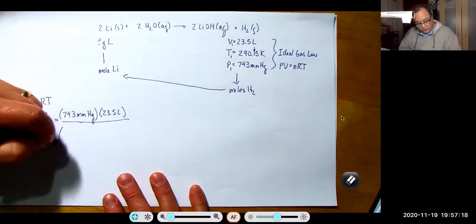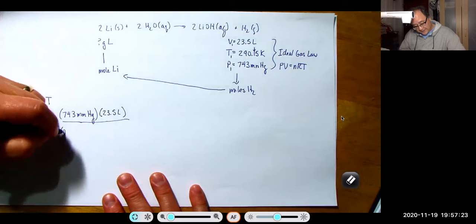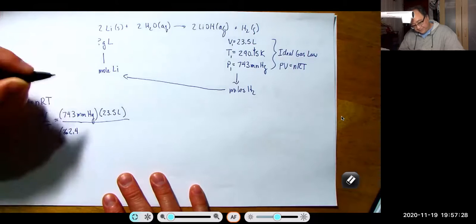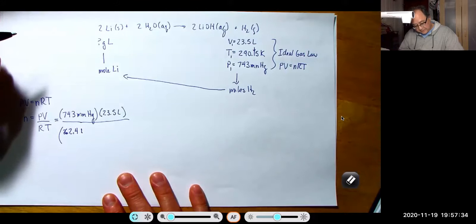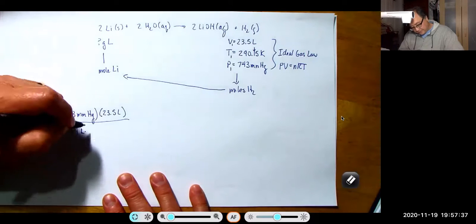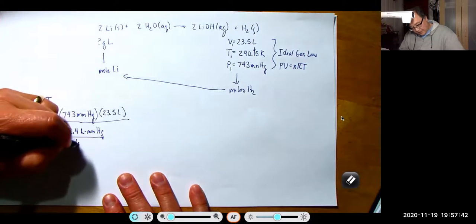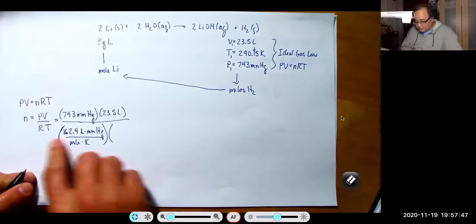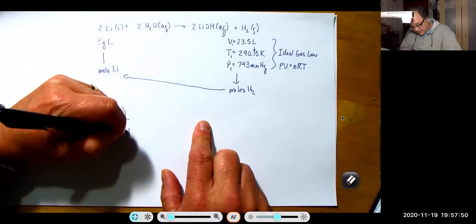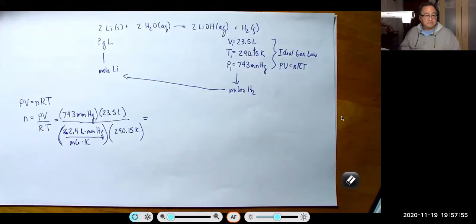For R, we want to use the one with millimeters of mercury in it, and that's the one that's 62.4 millimeters of mercury per mole per K. And then we're going to want to put in the temperature, which is 290.15 K. So that's going to get us our moles of hydrogen.